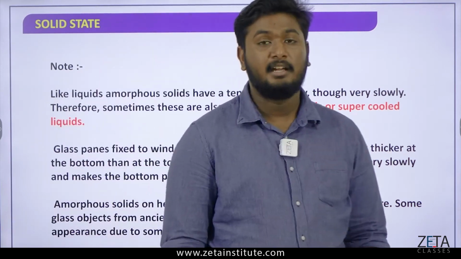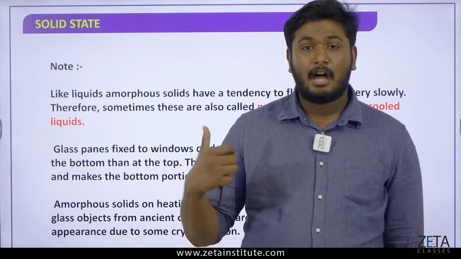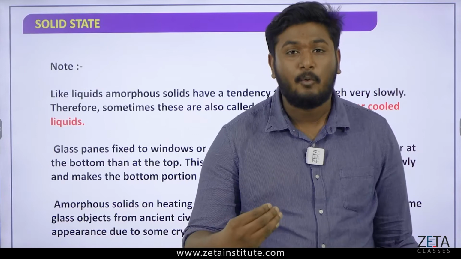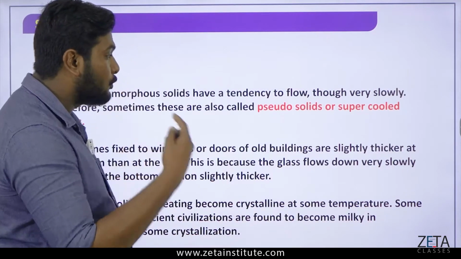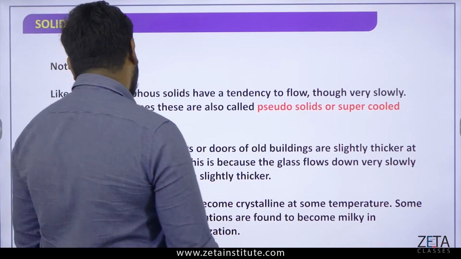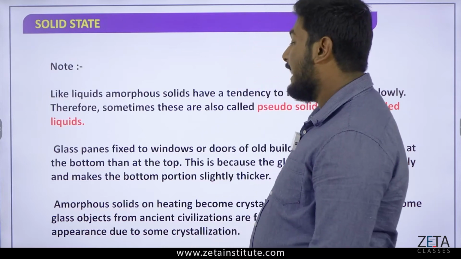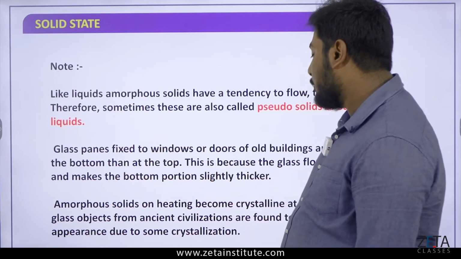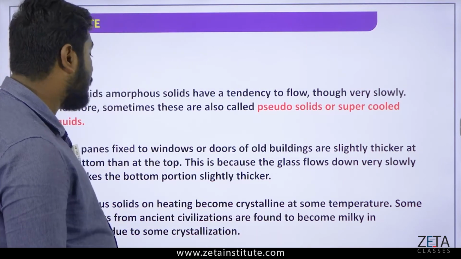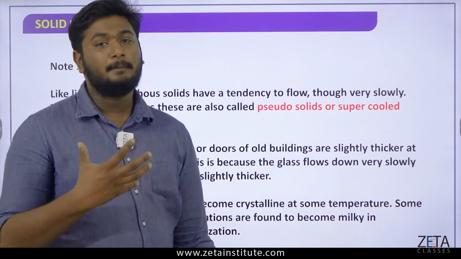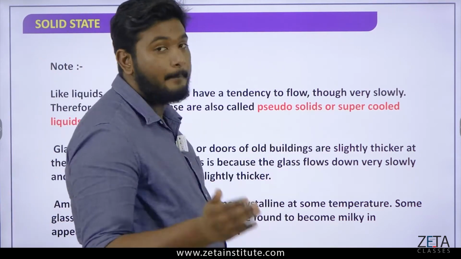Here you can see these lines in our viscosity point in the states of matter chapter. Glass panes fixed to windows or doors of old buildings are slightly thicker at the bottom than at the top. If you check old buildings, you can see their glass panes have more thickness at the bottom compared with the top.